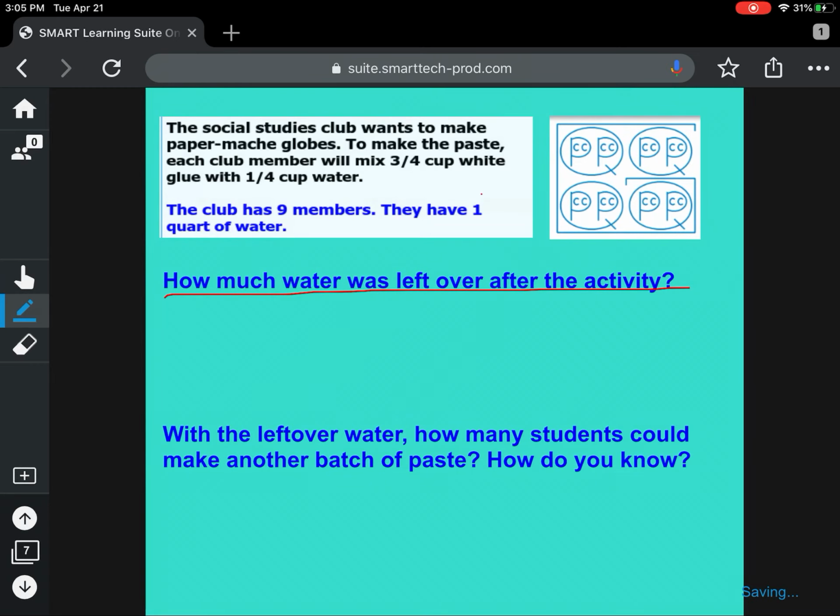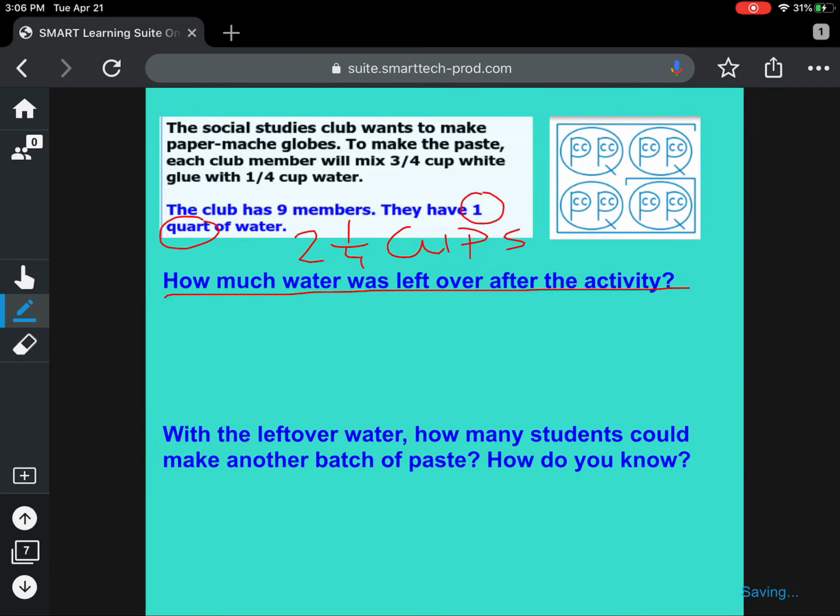Remember, they have a total, before they get started, 1 quart of water. And for each kid to make their own globe, they need 2 1/4 cups of water. If you'll notice, that's 2 different units. 1 quart total, and they're going to use 2 1/4 cups.